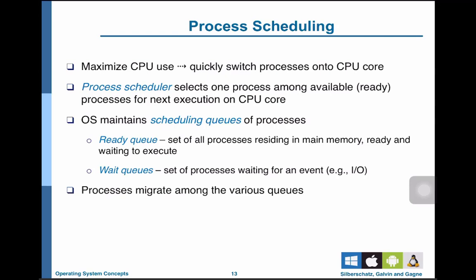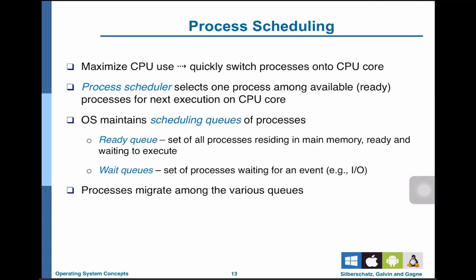Here, the operating system can maintain many scheduling queues for processes. A ready queue contains a set of processes residing in main memory and ready to execute. The wait queues contain a set of processes waiting for an event to be completed.